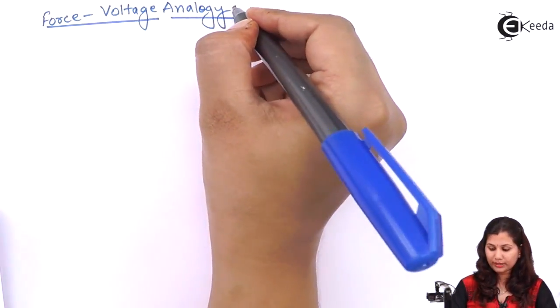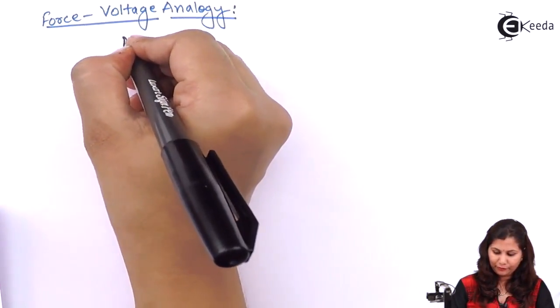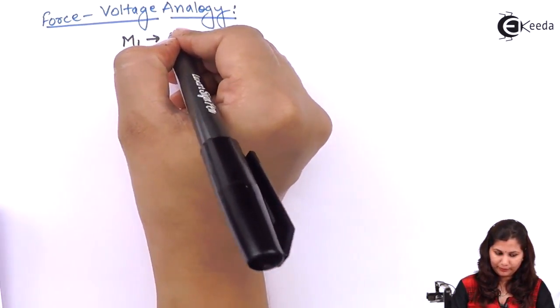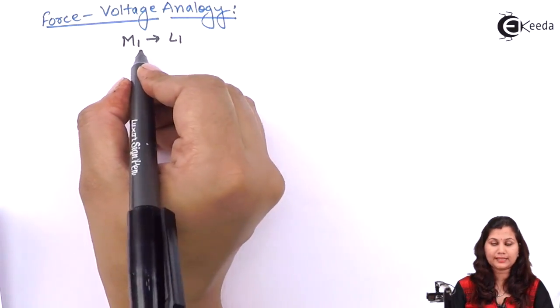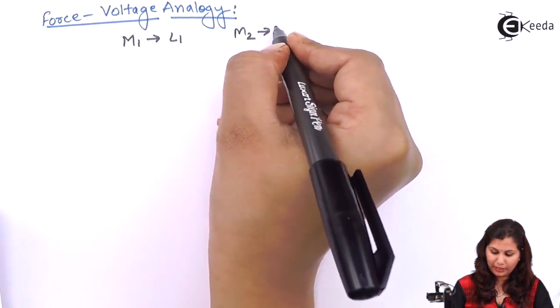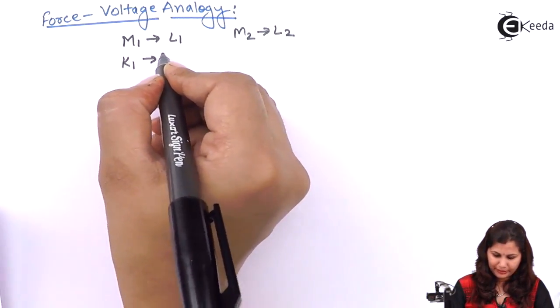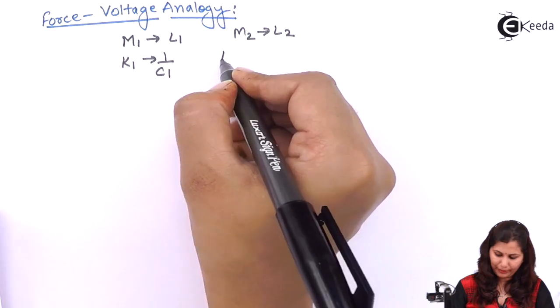According to this analogy, we have to replace the mass M1 by L1, that is, mass is equivalent to inductance. M2 will be replaced by L2. K1 will be replaced by the reciprocal of the capacitance.